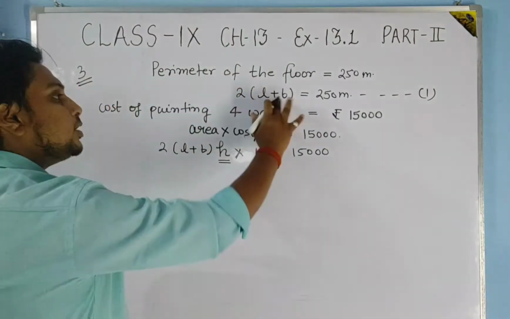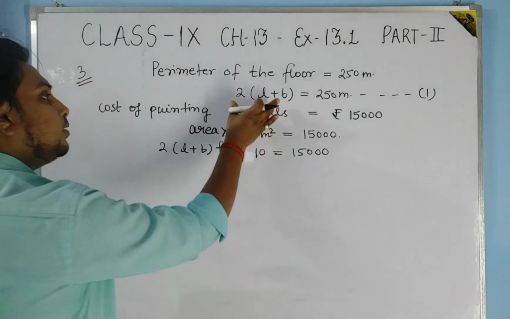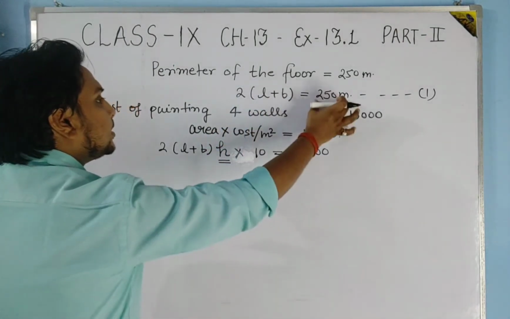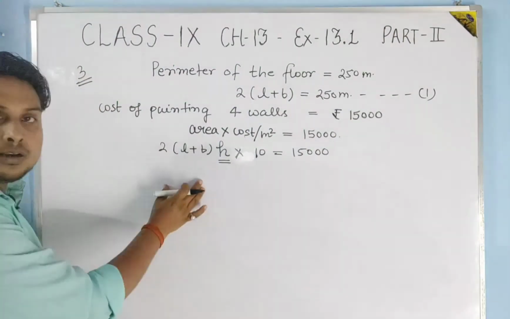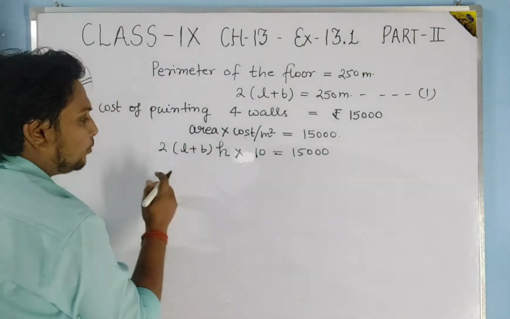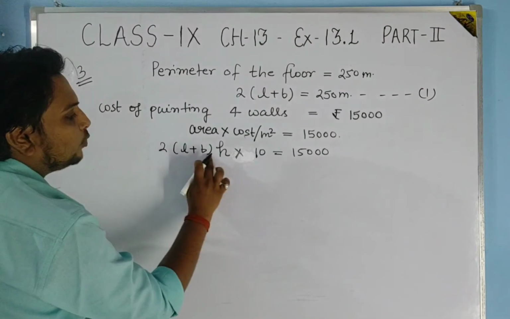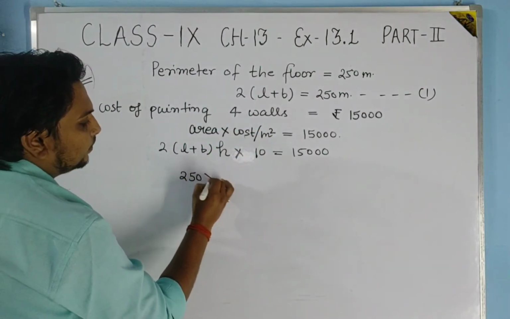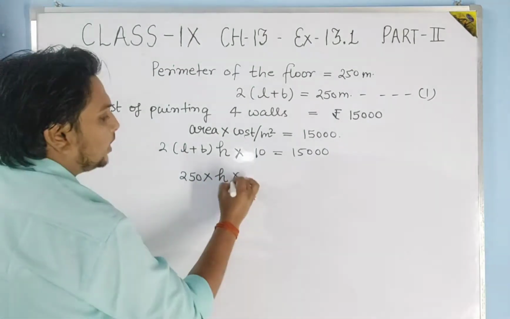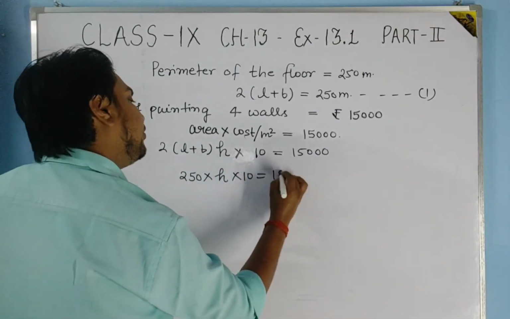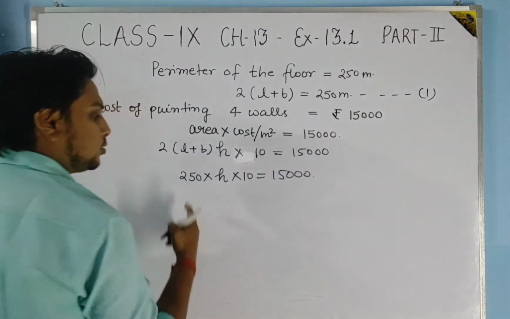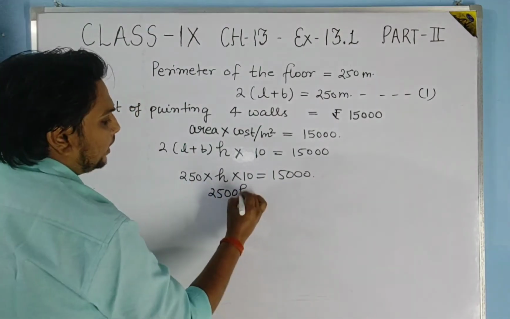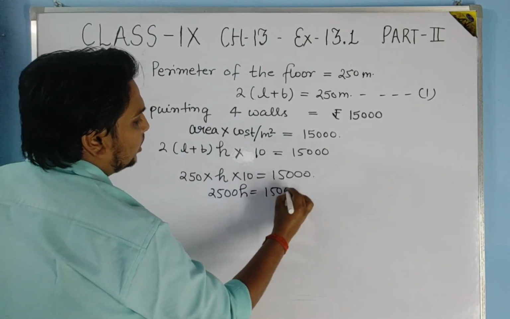From equation number 1, can we put the value of 2 into (L plus B), that is 250, here? Surely we can put. So we will get 2 into (L plus B), that is 250, into H, into 10 is equal to 15,000. Now students, 250 into 10, that will be 2500. H is equal to 15,000.